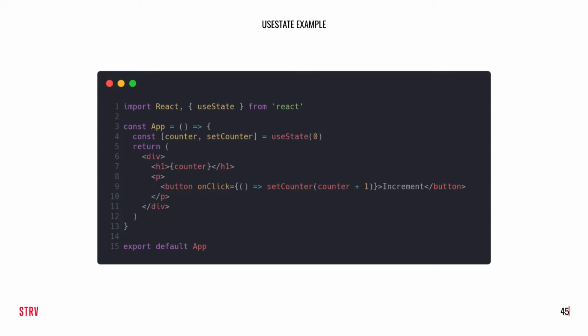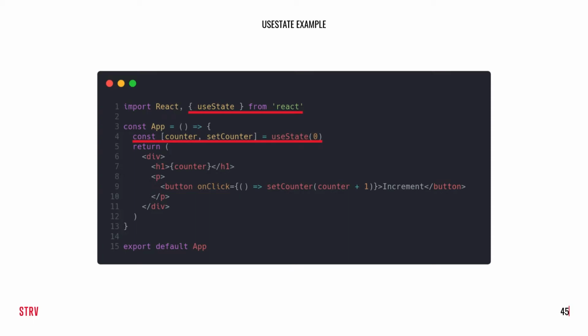It provides the same functionality as state in a class component. Here you just import useState from React, and useState is a function that returns an array with two fields. First one is the state itself and the value that it has.